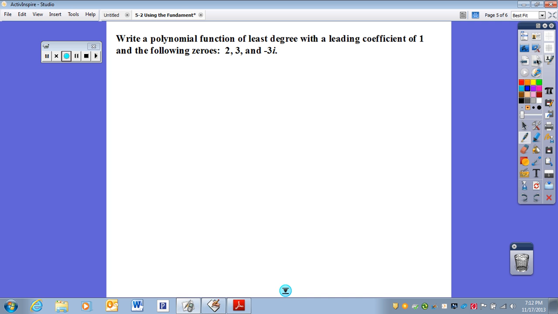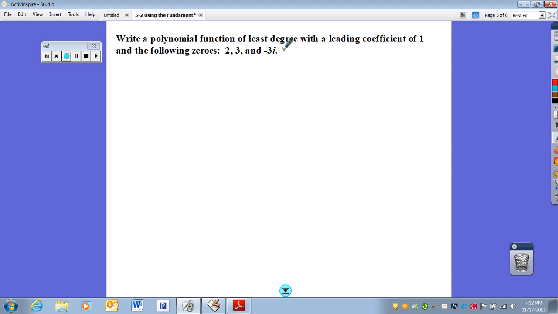So we have 3 roots listed, but if you recall from our first slide, we said anytime you have an imaginary or complex conjugate, we have to have both positive and negative. So because only the negative 3i is listed, we also know that there is a 4th root, which is positive 3i, because they have to occur in pairs.